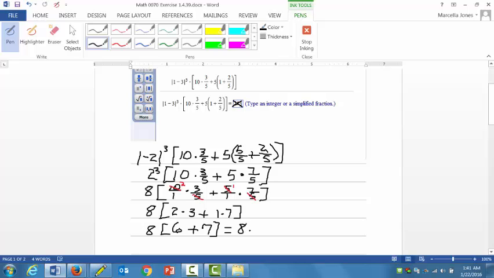So my grouping, final operation in the grouping is to add, and I have 8 times 13, which is 104. And that's actually my final answer. So that's the answer that should be typed in this box. I hope that helps.